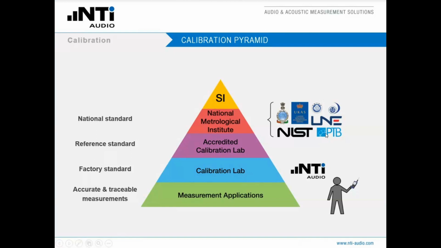Virtually every country on this planet has such an institute, and they are responsible to make sure that the highest level, the international standard, the measures which are defined here, are provided to the corresponding countries. The SI, the Système International de Mesure, has been defined in the French Revolution.